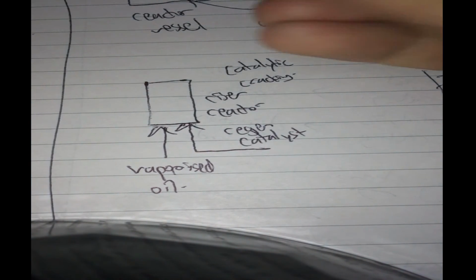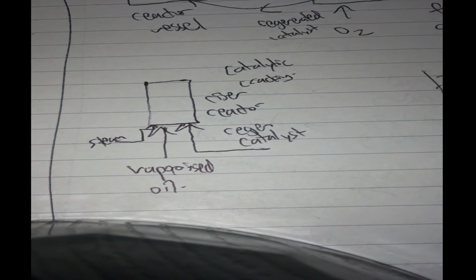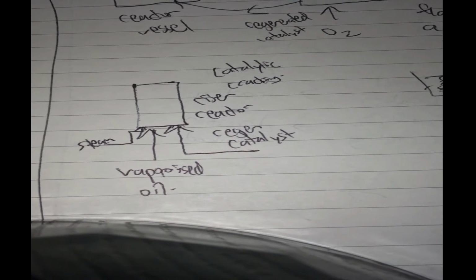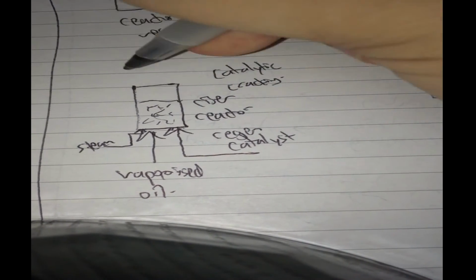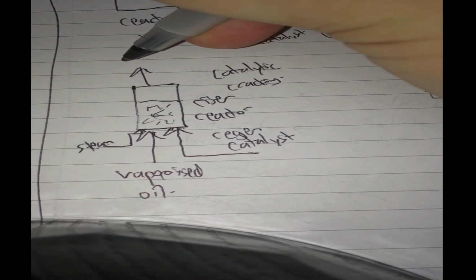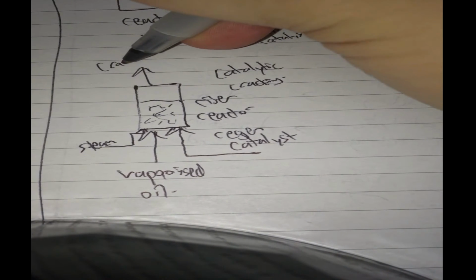Alright. I'll have a vaporized oil. And I'll have steam to strip the oil and also to provide for fluidization. So this is all the catalyst particles, and out will come my cracked product.